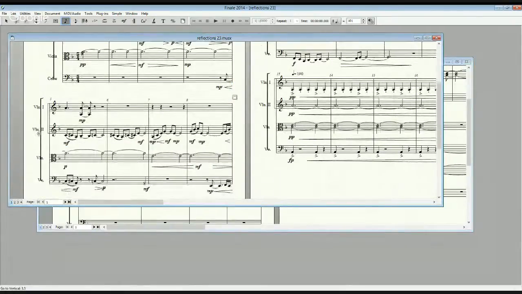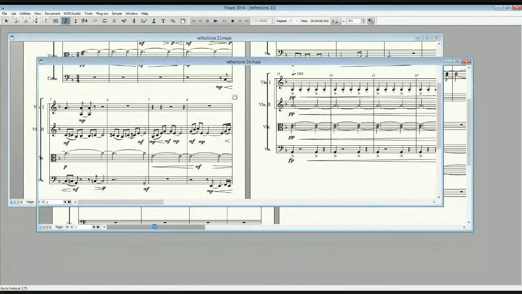16 now. 16, 16, 16. So 1. C, tied to C, C sharp. Okay.